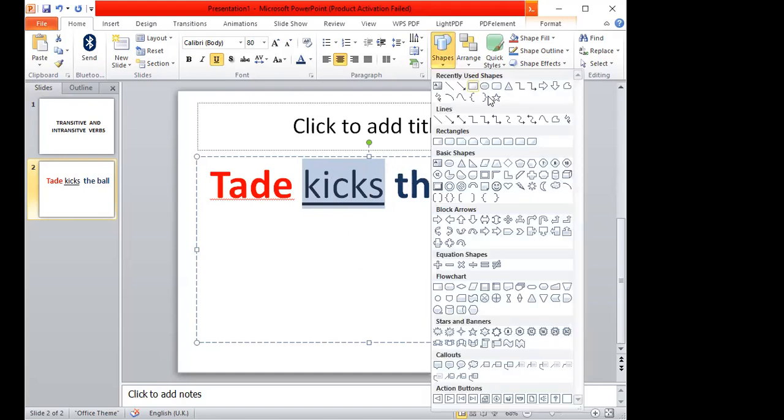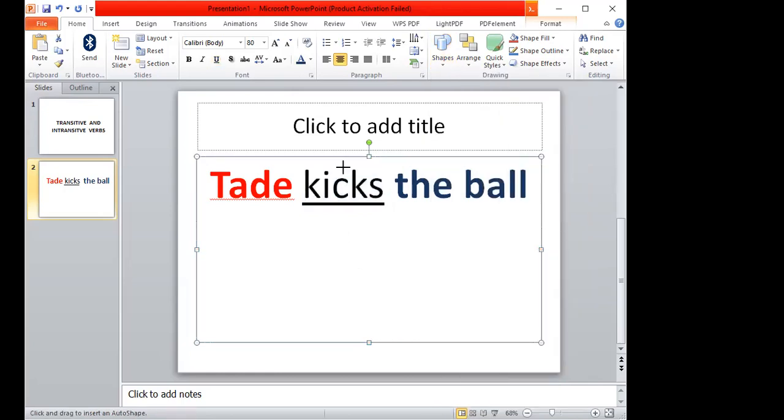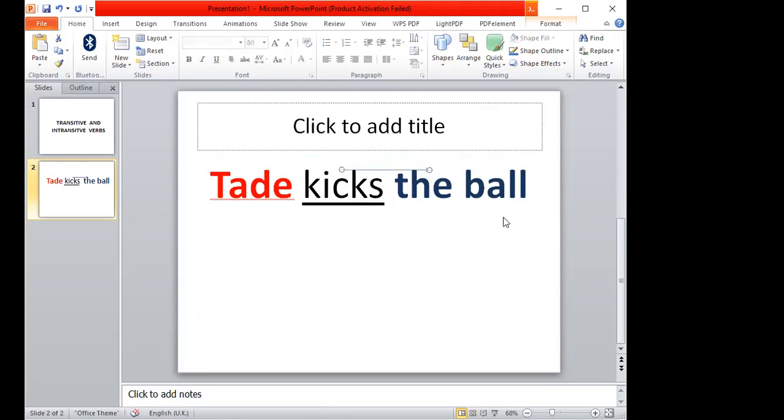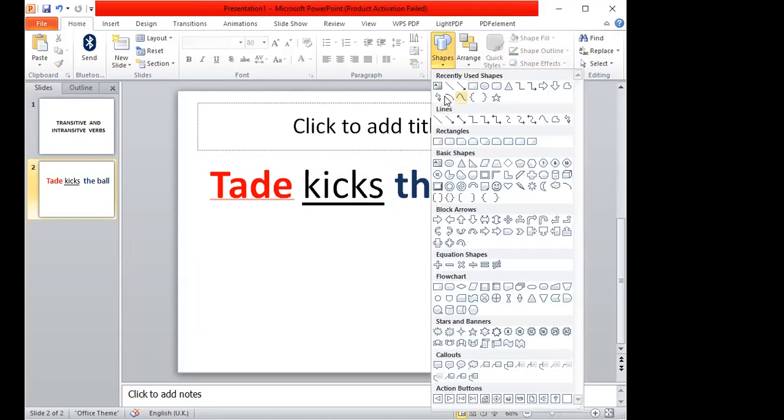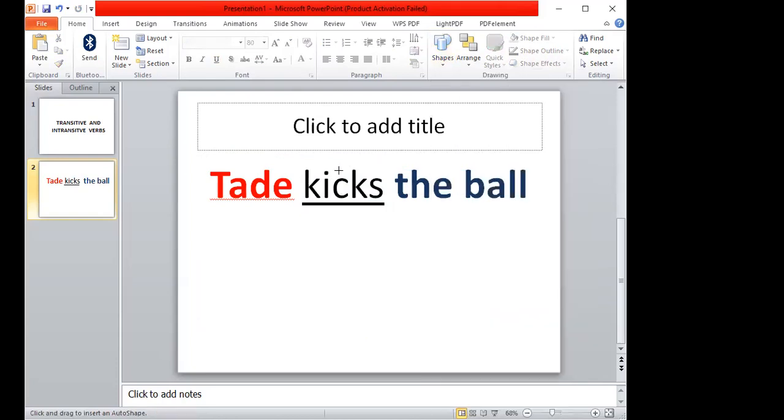This is what I'm trying to say. I am trying to say that this particular verb is working directly with this object, the ball. Sorry, let me use another shape that I know can bring that to place. Okay, I can say this.